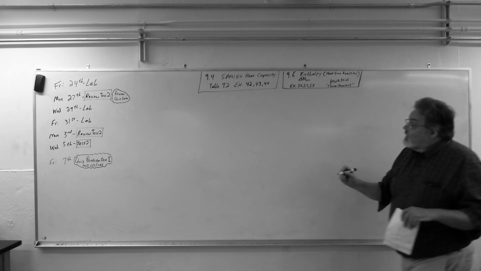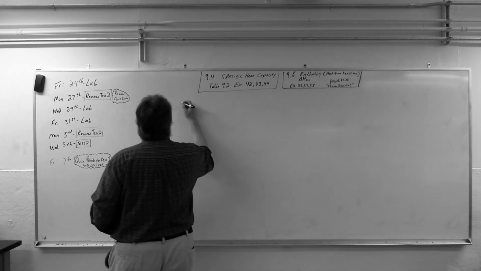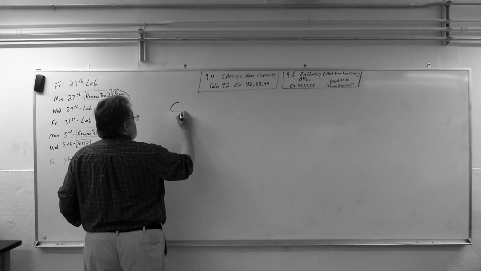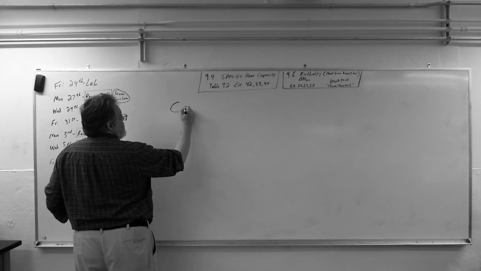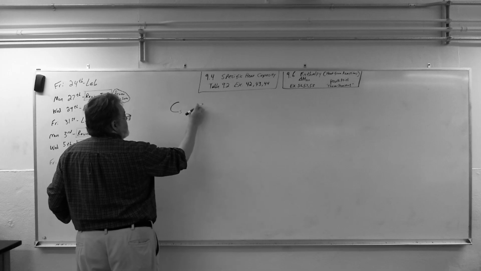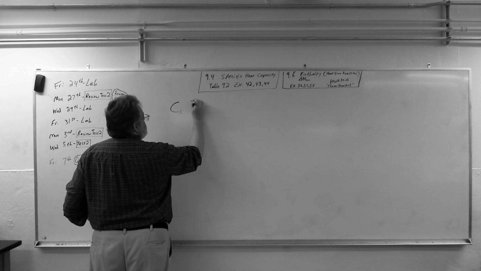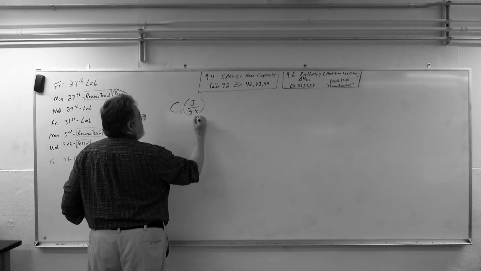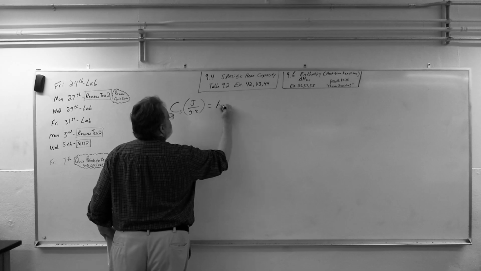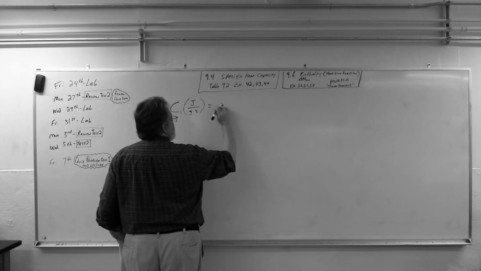Notice for heat capacity, we use a capital C. They put an S here. I'm used to seeing a P there. And the units are joules per gram per degree C. That's the units for, I should say, specific heat.